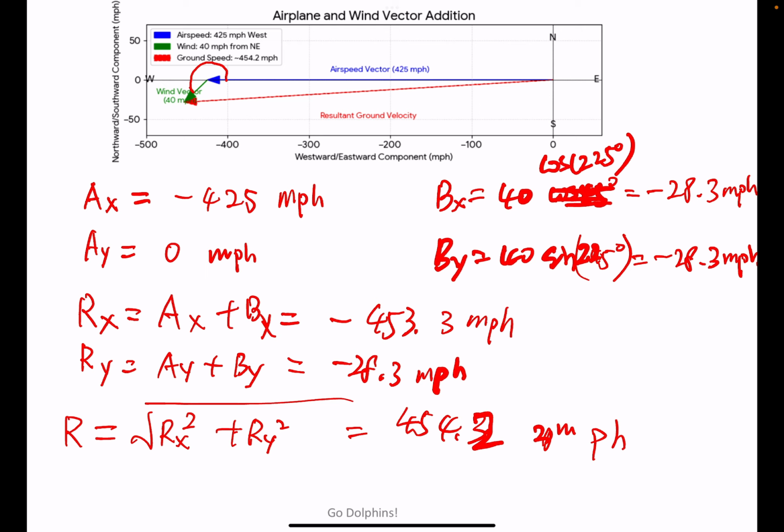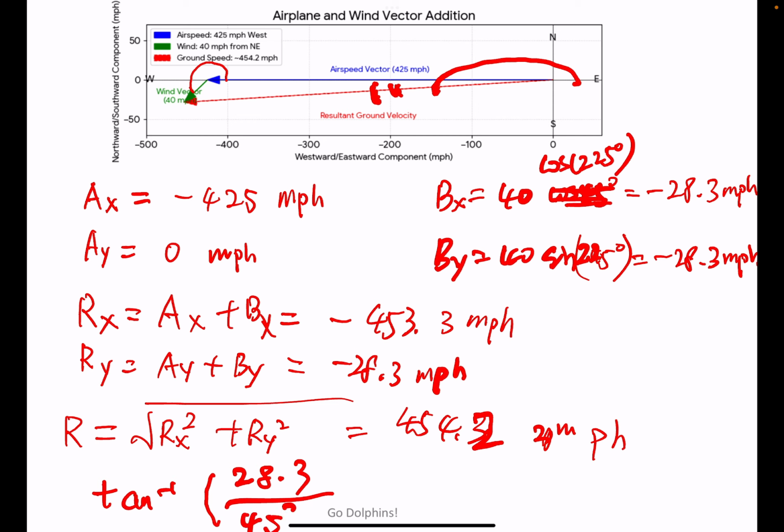And the bearing angle we need to calculate using, see, this is the ground, this is the bearing. So we need to find this angle, this small angle between blue and red. So we need to do an inverse tangent of 28.3 over 453.2, and this angle gives us 3.6 degrees.